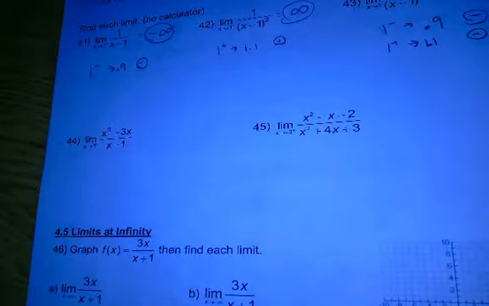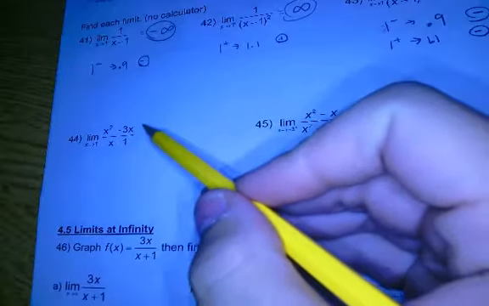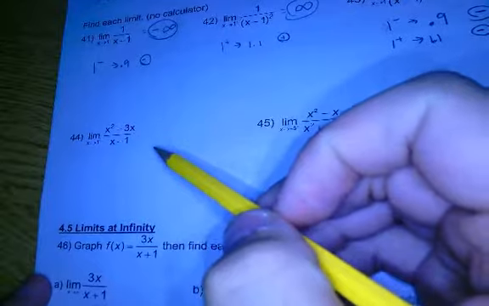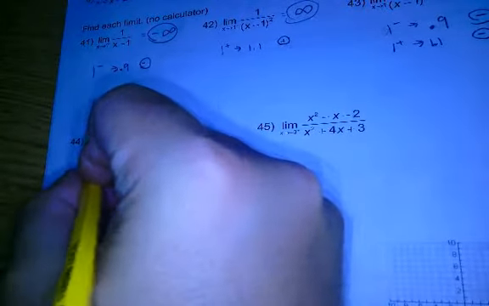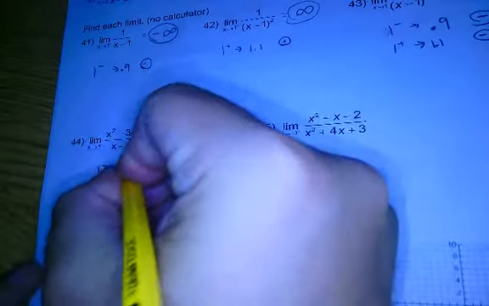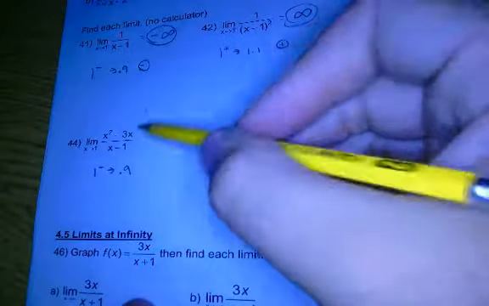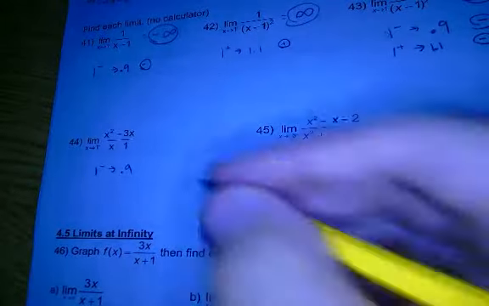All right, 44. Can I plug in a 1? No. Now if I get a 0 over 0, I factor and cancel or do one of my techniques. I don't have 0 over 0. This is going to be a number over 0. So I'm going to plug in a 1 to the left, a 0.9. So 0.9 squared, I don't know, what is that?